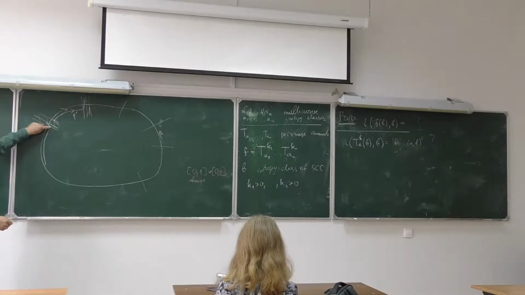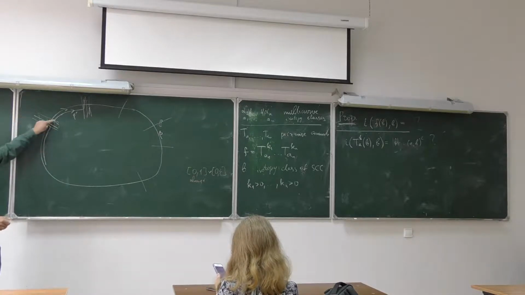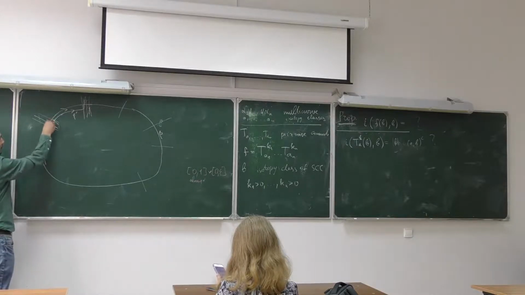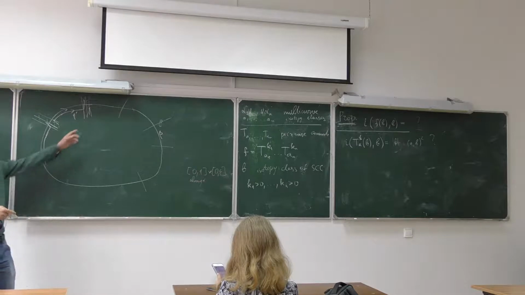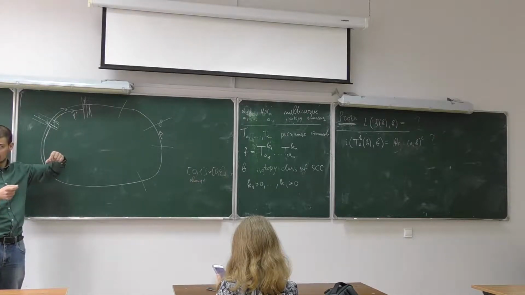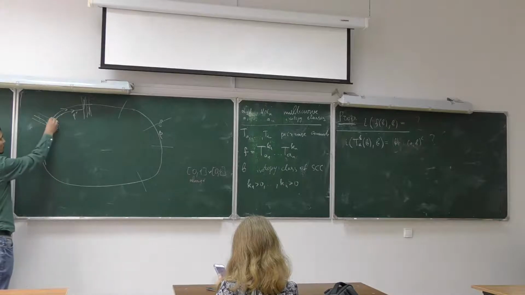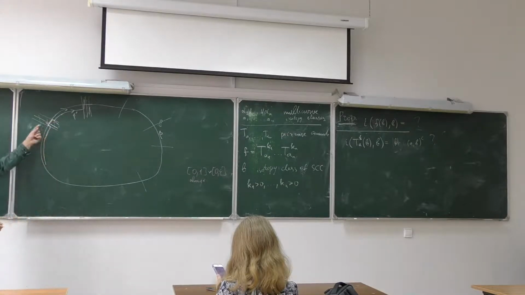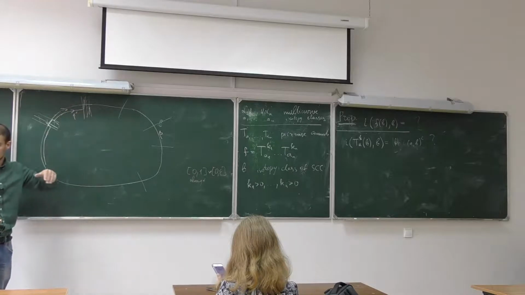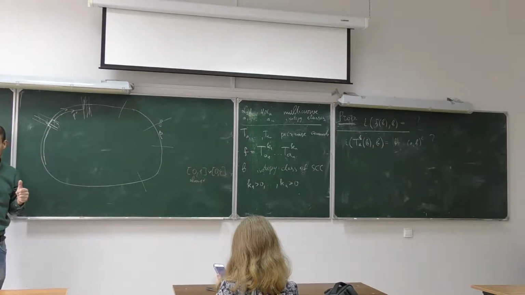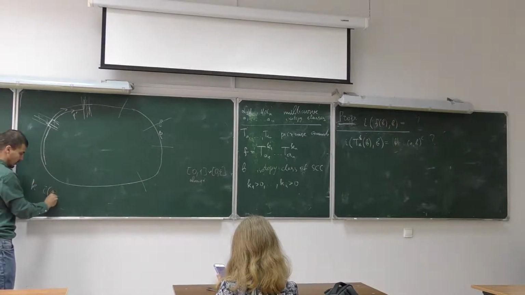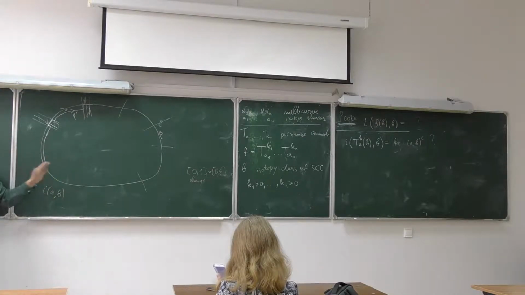Here we have this arc from here to here. This arc goes k times along this red strip. Hence, it crosses each of these segments k times. Of course, alpha and beta are initially in minimal position.